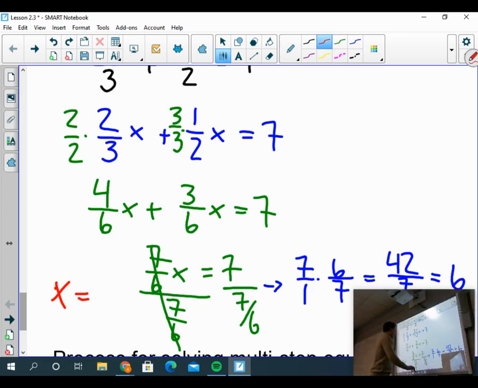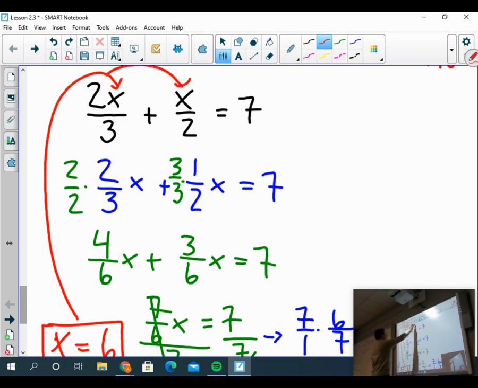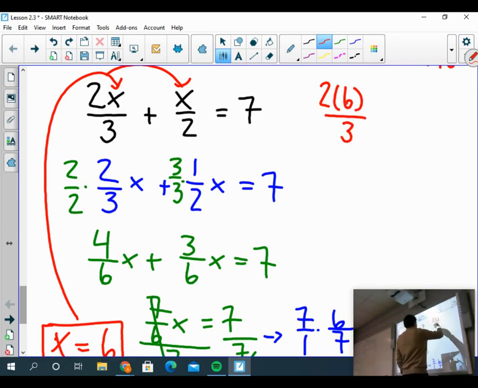So I find here that x equals 6. X equals 6. And again, if I wanted to check that, plug it back in for x way up here. So what I would have is 2 times 6 divided by 3 plus 6 divided by 2.